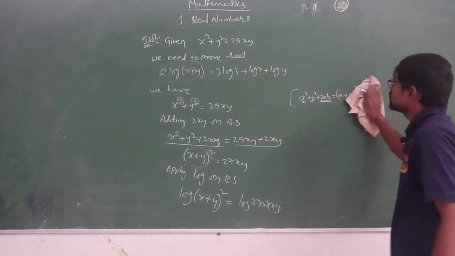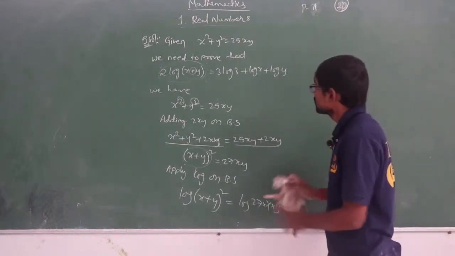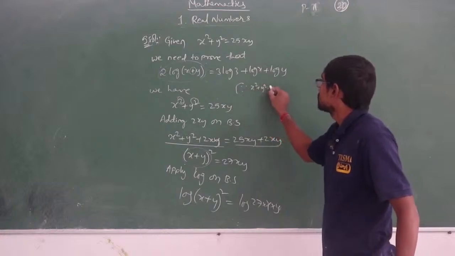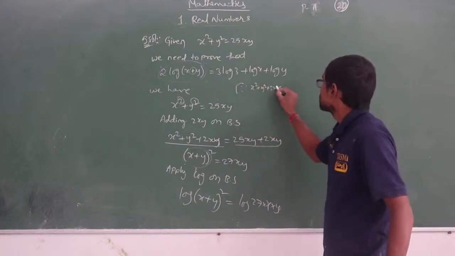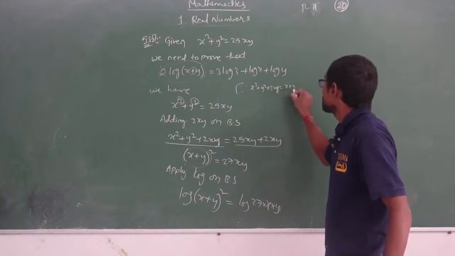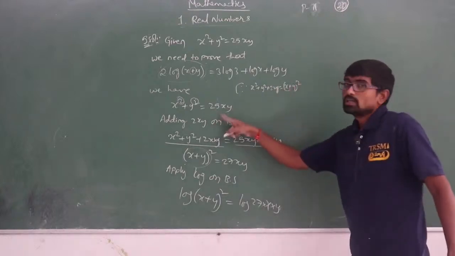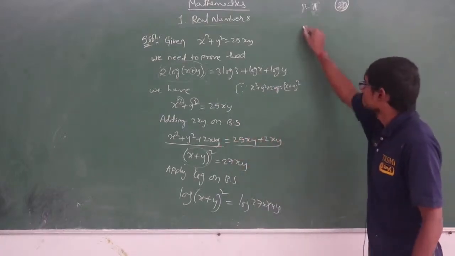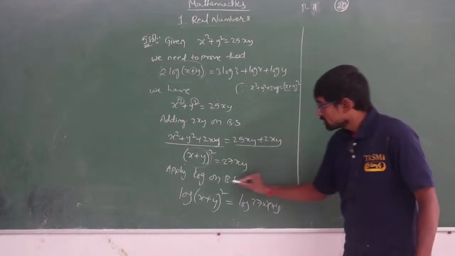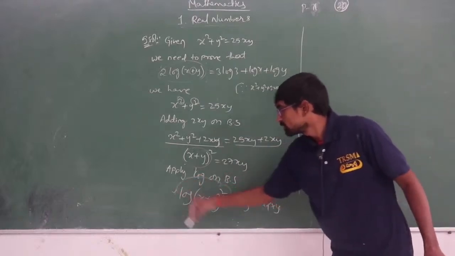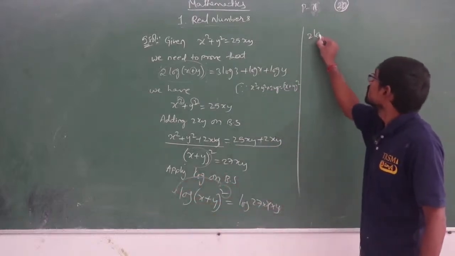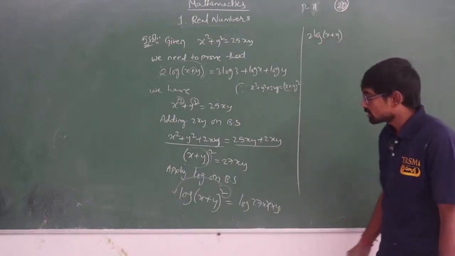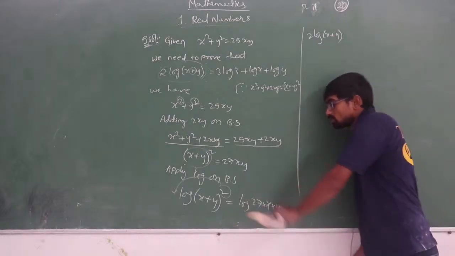As place is not sufficient, I am erasing this, and here I am writing x square plus y square plus 2xy is equal to x plus y whole square. For converting these, we have added 2xy on both sides. So what did we get here? Here we have a power, it goes in front, it becomes 2 log of x plus y.